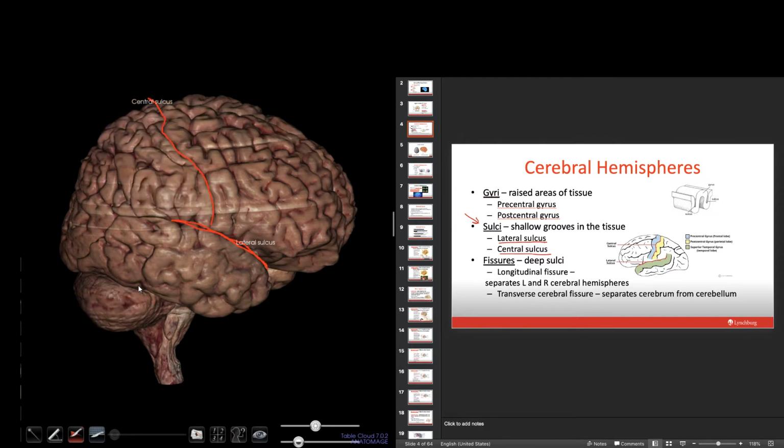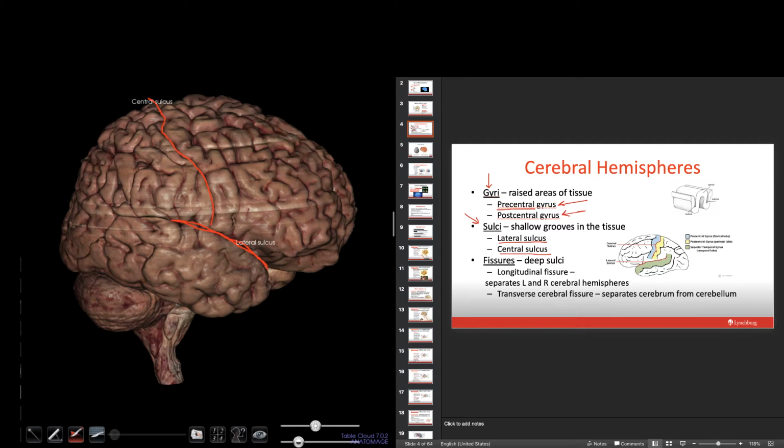Indicating my central sulcus. Okay. Now, on either side of the sulcus, we have raised areas of tissue. So here we have gyri, and we have specific areas that are named. We have a precentral gyrus and a postcentral gyrus. So the precentral gyrus, based on its name, is going to be the raised area of tissue just in front of the central sulcus.